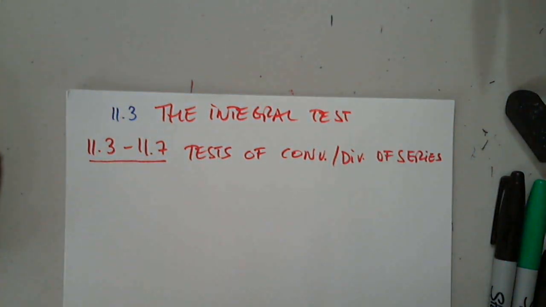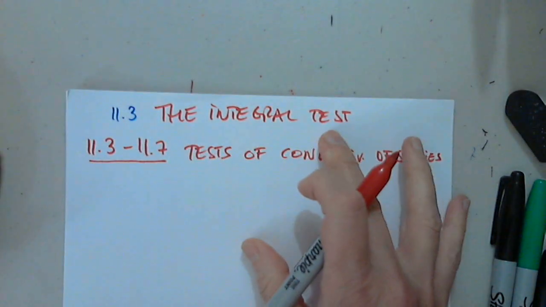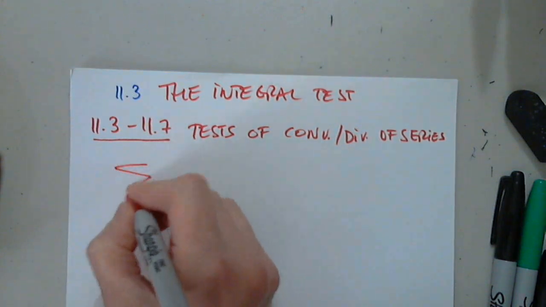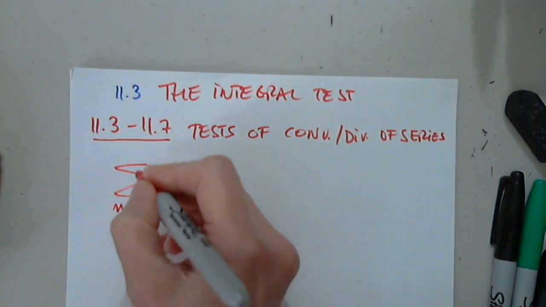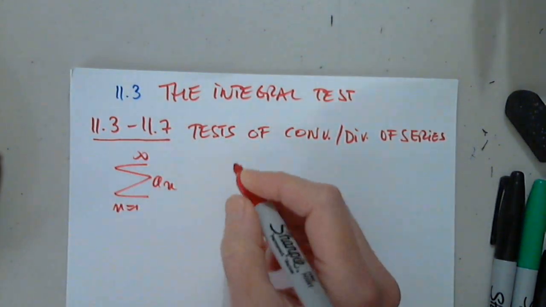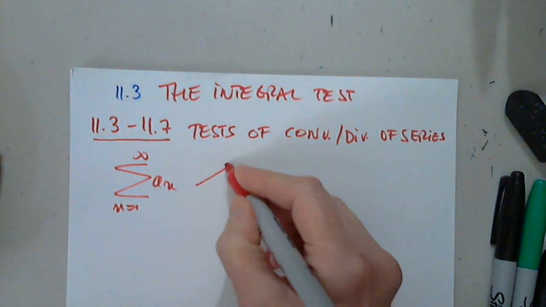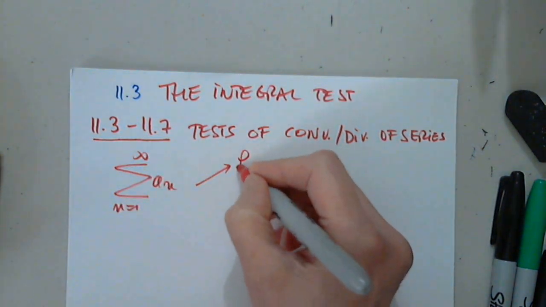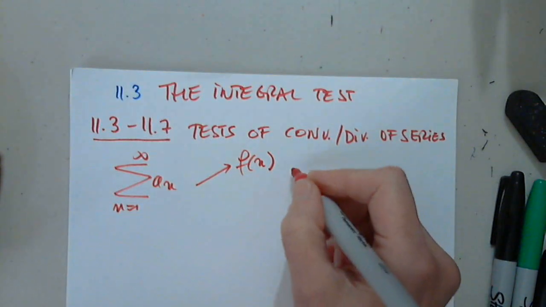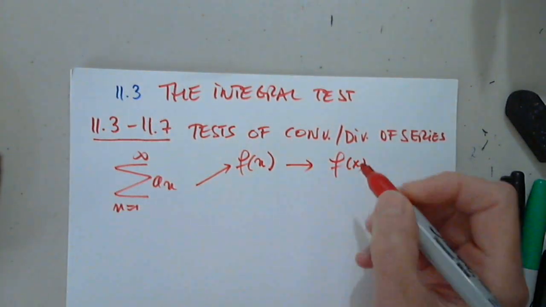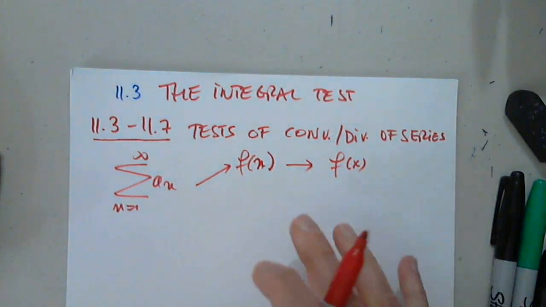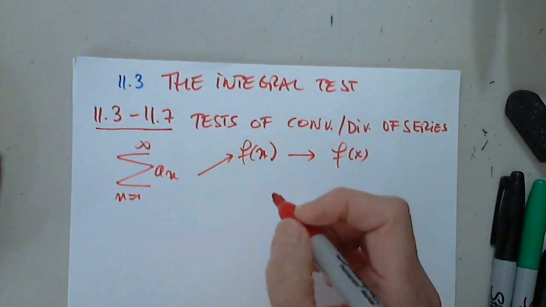Okay. What does the integral test tell us? It says that if we have an infinite series, n equals 1 to infinity of a sub n, some preliminaries here. Of course, we can denote this by a function f of n, right? But we really prefer f of x. I'm not going to use f of n. We're going to use f of x, but you know what we mean.